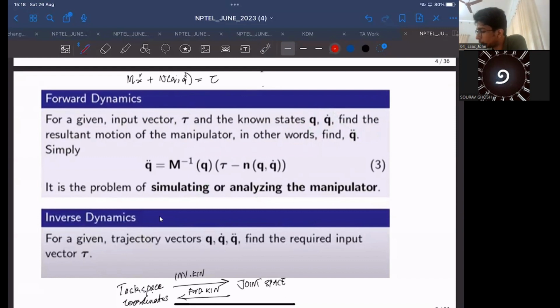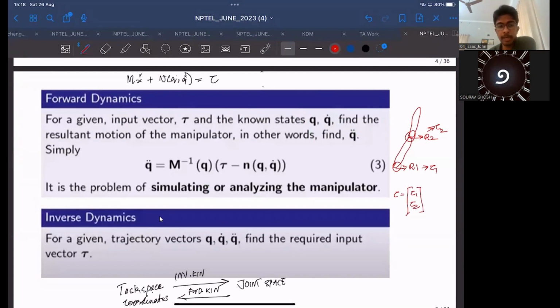If we have a 2R manipulator, this is the first joint R1, this is the second joint R2. If I'm applying a torque of tau1 onto this joint and a torque of tau2 to this joint, our vector tau will comprise the two torques, tau1 and tau2.